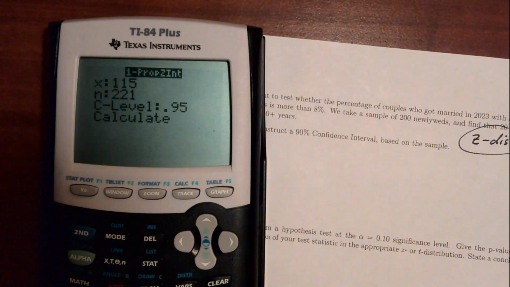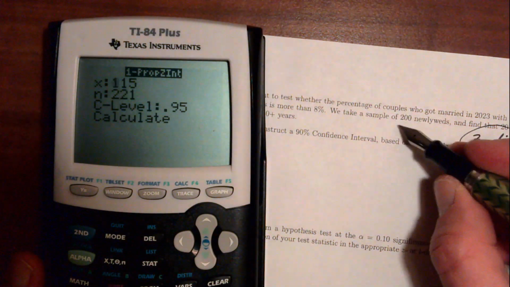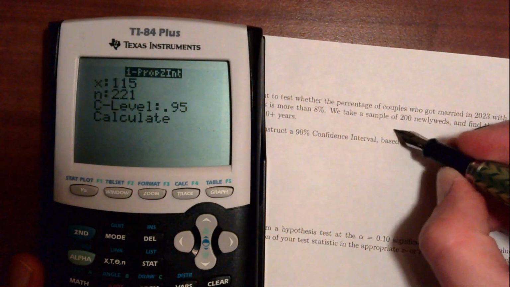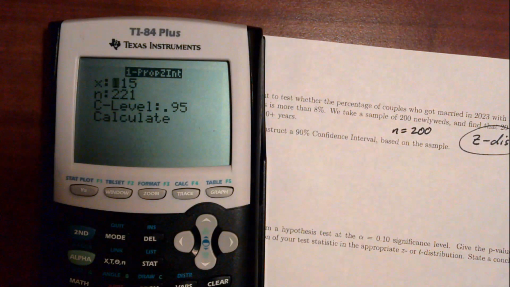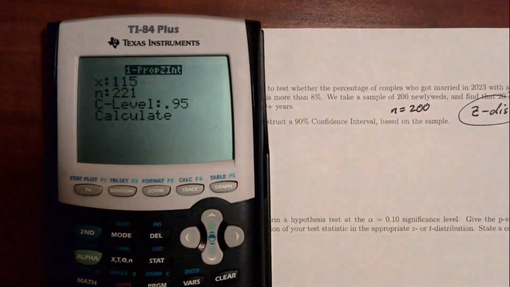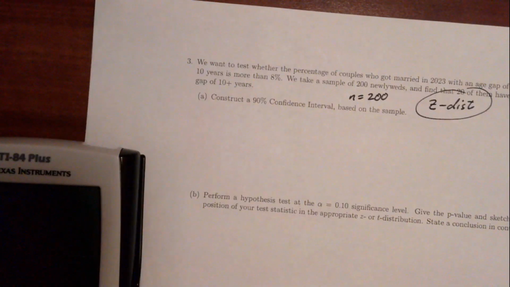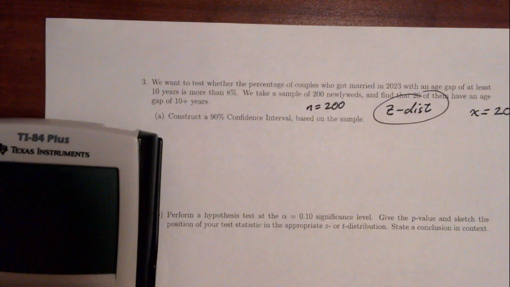And what do we have here? So specifically the n represents the 200, and the x is the 20. So rather than asking us for the proportion as a whole, it just asks us what the raw number of yeses was in this particular case.